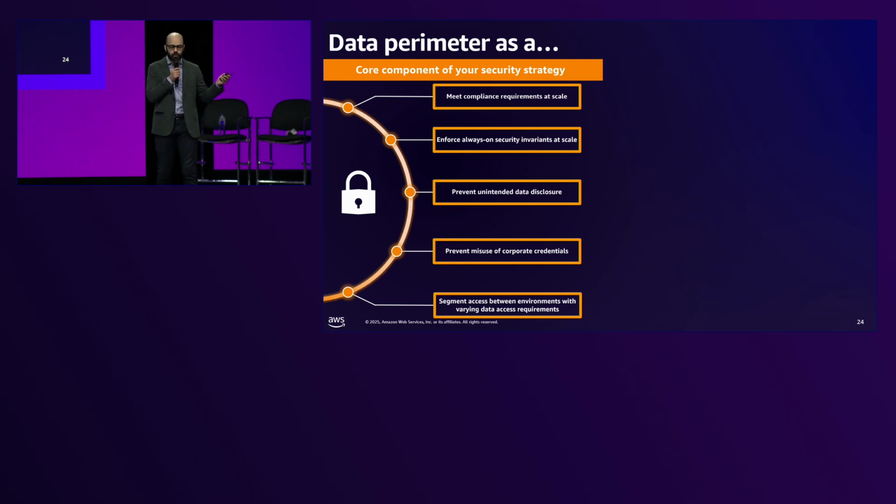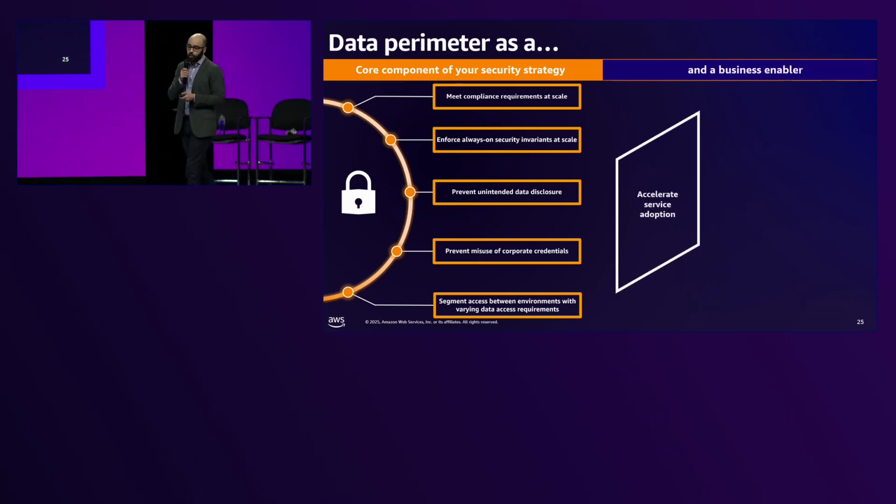In our first examples, we have said that a trusted identity or even a trusted resource is a resource that belongs to our organization. We could also have said that a trusted resource or a trusted identity for a production account, for example, is a resource or an identity that belongs to the same organizational unit. So that's something that some customers also are doing and using with data perimeter controls.